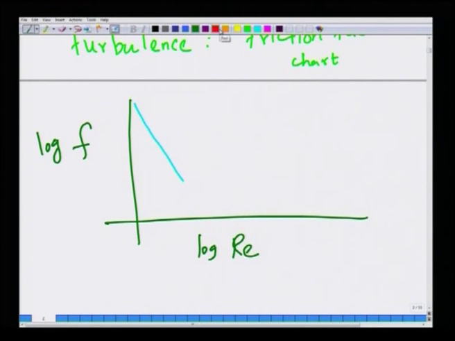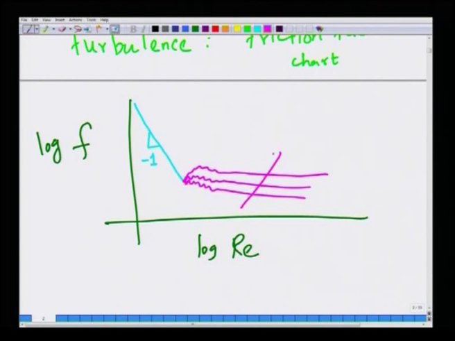So, in the laminar region, f versus Re will have in a double logarithmic plot a slope of -1 because f is inversely proportional to Reynolds number. In the turbulent region, it is not very clear. So, there will be a lot of fluctuations initially and this is for different values of epsilon by D. In the laminar regime, there is no experimentally observed dependence on epsilon by D, while in the turbulent regime it does depend on epsilon by D. Okay.